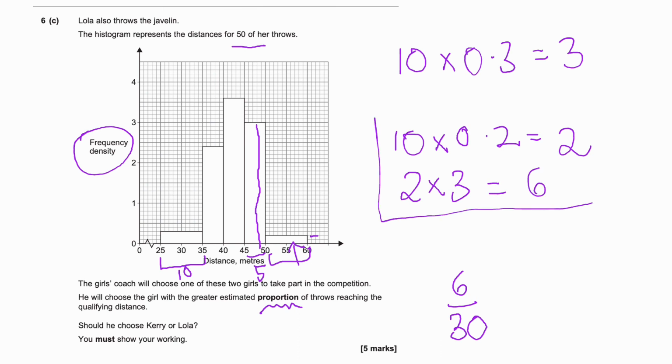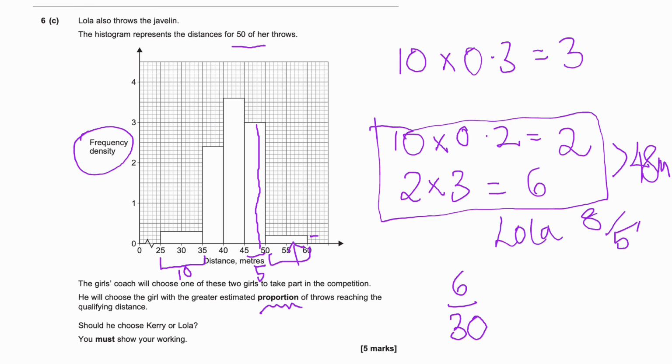So this is the number of throws that Lola got which are qualifying, greater than 48 metres. So 8 altogether. So for Lola, she got 8 out of 50.